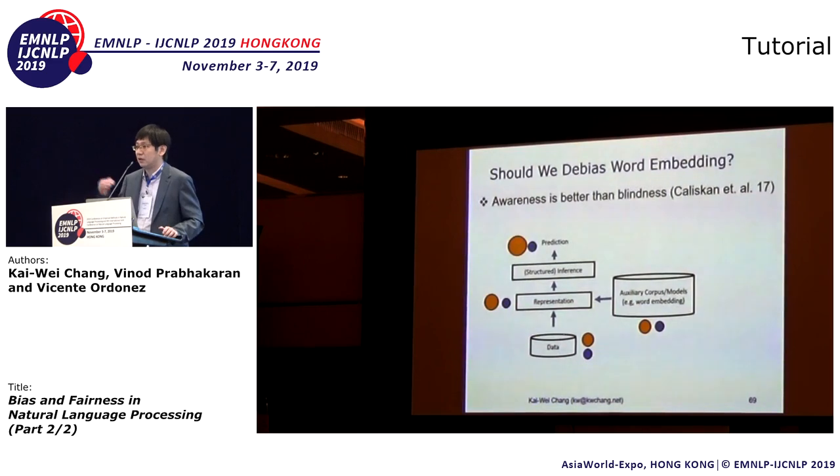If you do this in the embedding layer, what you hope is that the later components will take this representation as a feature, and that the model will use better features than the gender feature when making predictions. So if you can remove the bias, even if it does not totally go away, there is still hope that the model can be less biased, as I showed you in the coreference resolution situation.